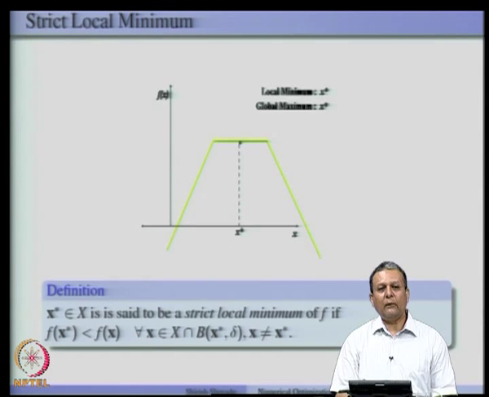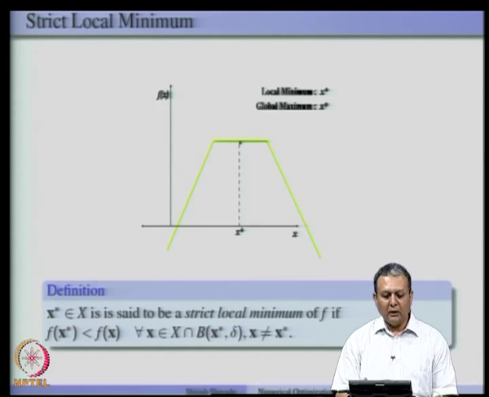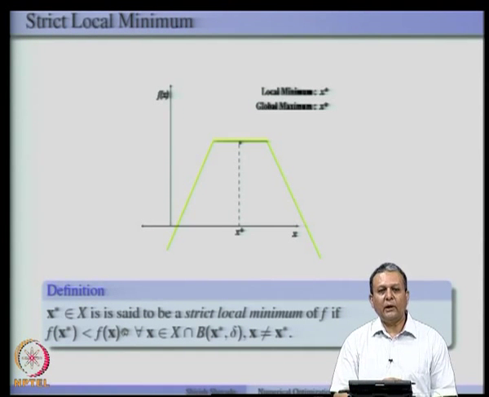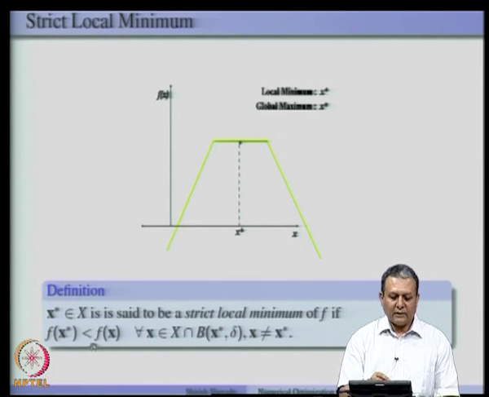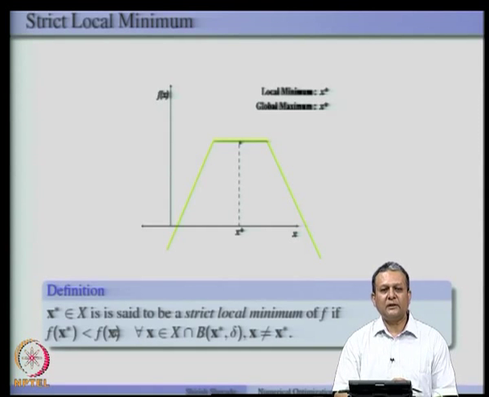Now, to avoid such cases, one can think of a definition of a strict local minimum. Now, x star belonging to X is said to be a strict local minimum of f if f of x star is strictly less than f of x for all x in the delta neighborhood of x star and x not equal to x star.